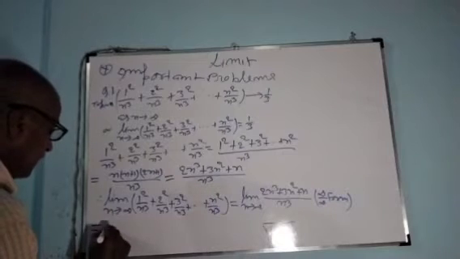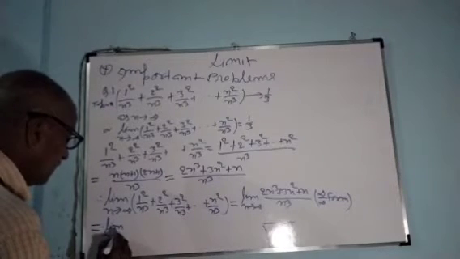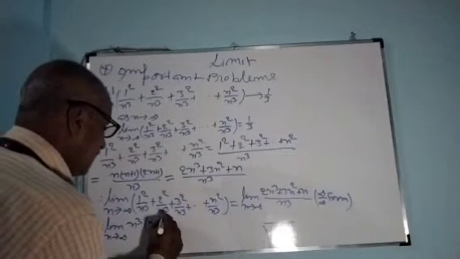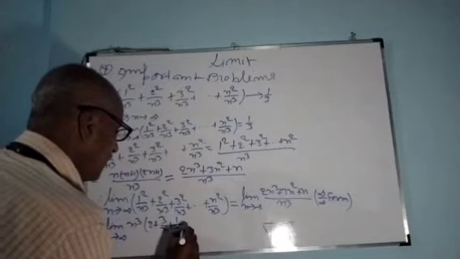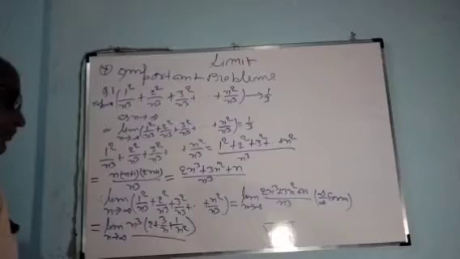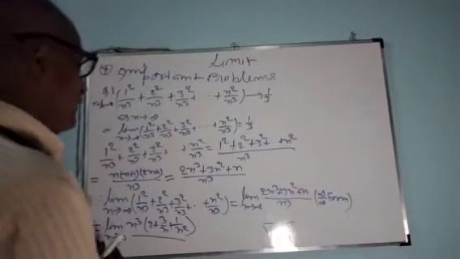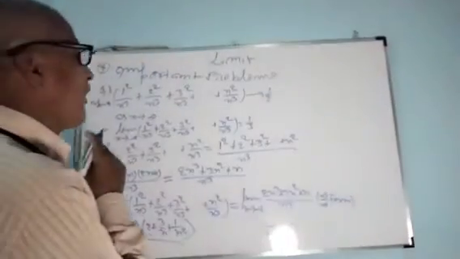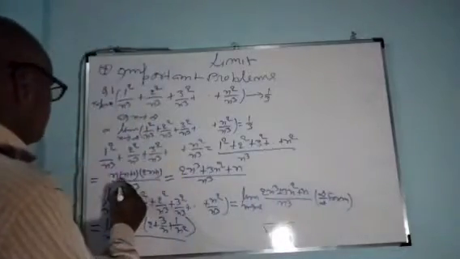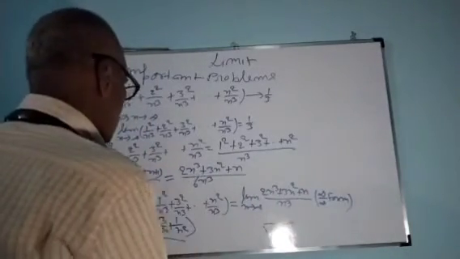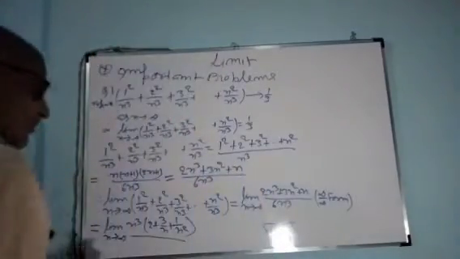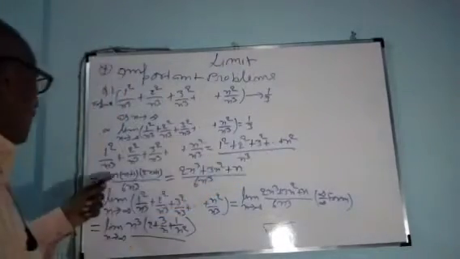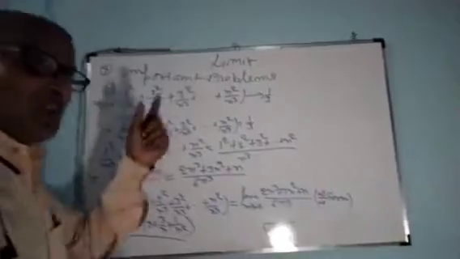This is equal to limit n tends to infinity of n cube into 2 plus 3 by n plus 1 by n square, by... Sorry, here the summation of 1 square plus 2 square plus 3 square plus up to n square is equal to n into n plus 1 into 2n plus 1 by 6.